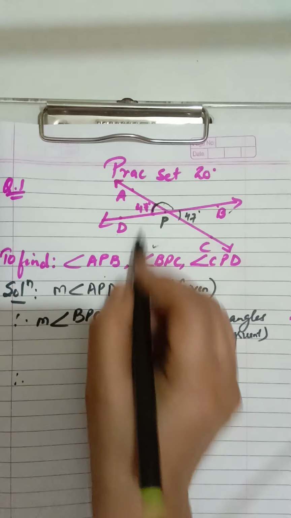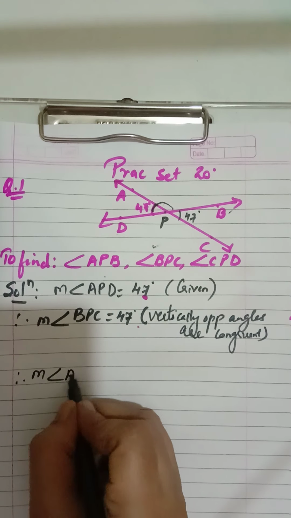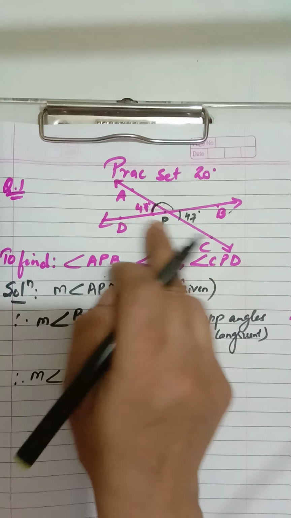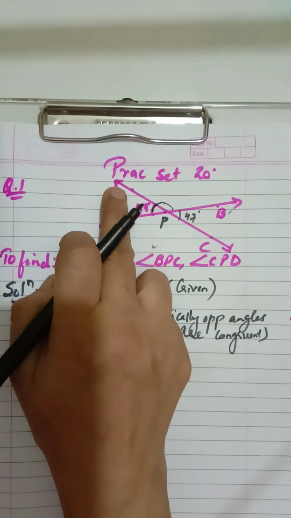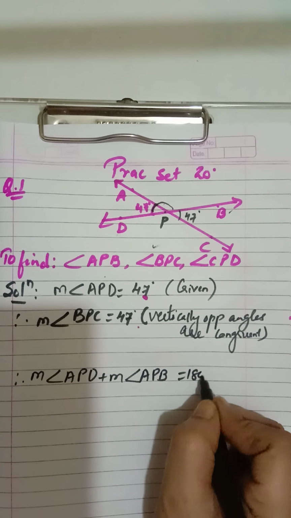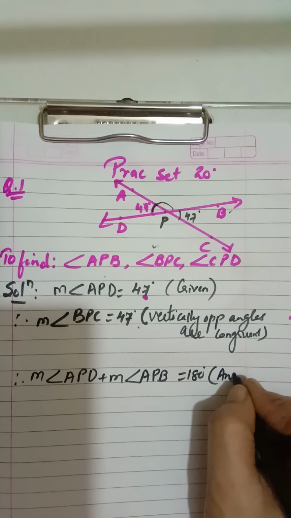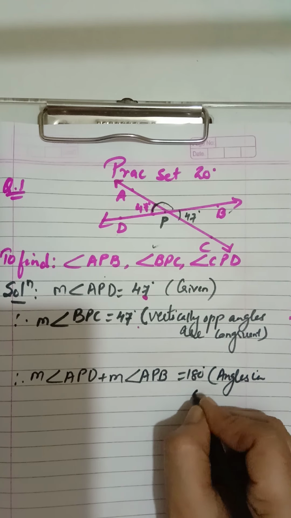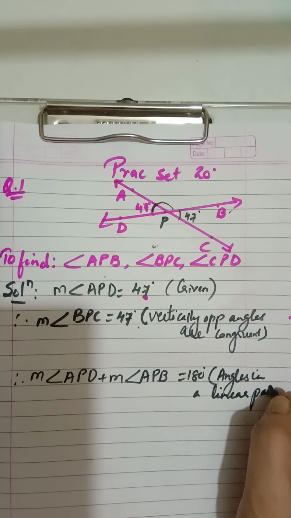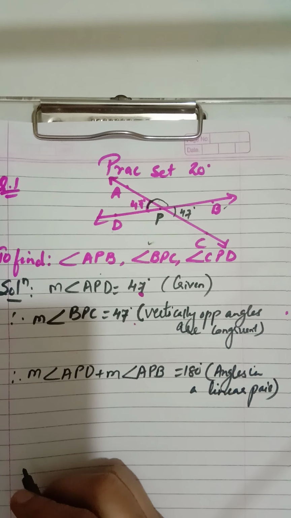Therefore we know that measure angle APD plus measure angle APB is equal to 180 degree. Angles in a linear pair.